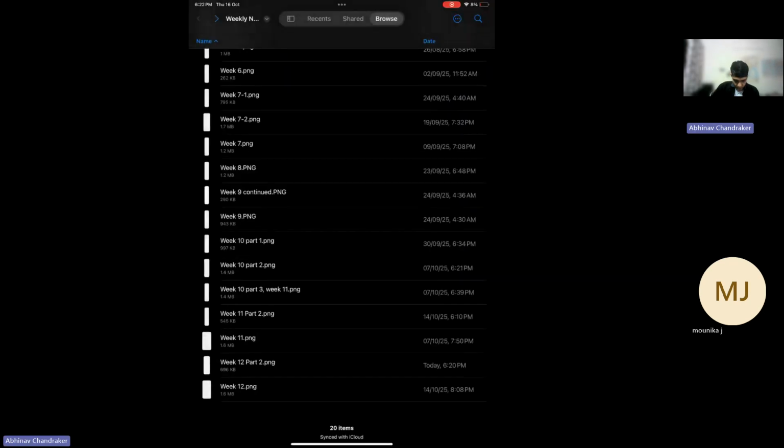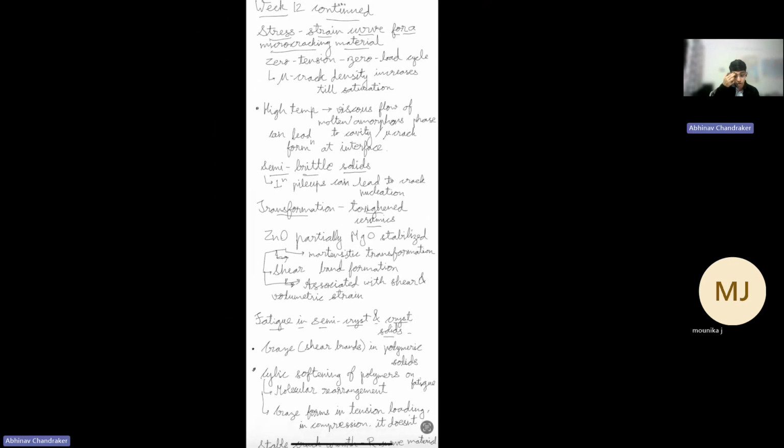Now, continuing from there, Professor talked about microcracks in materials. When you are applying fatigue, then due to the dislocation based phenomena which occur, it's possible for microcracks to form.